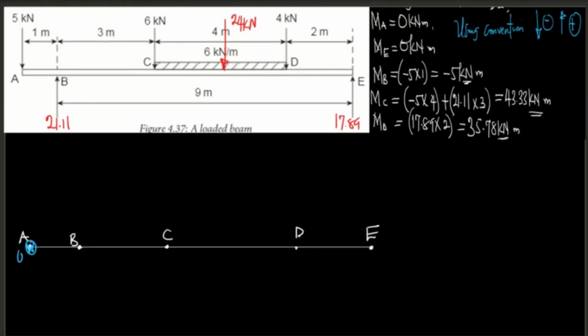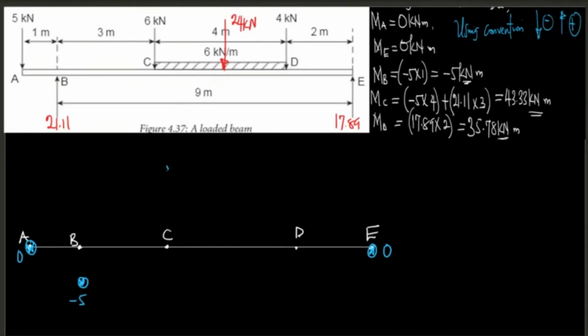That is 0 right there. This one is also 0. Bending moment at B, we got -5, isn't it? So we are going to just come there and put -5 there.